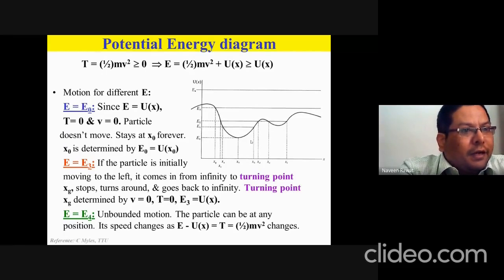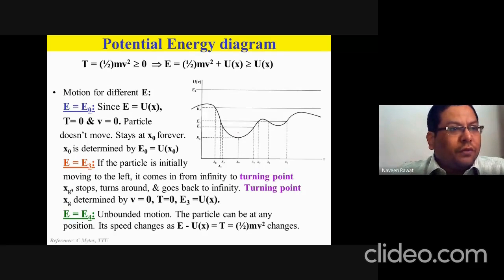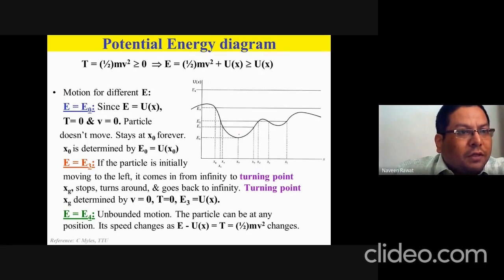Let's take another condition. The condition is when you are talking about energy of the particle being E0. Very special here, because if a particle is sitting in this situation, just by intuition you can understand that there is gravity acting on this particle in this direction, and at the same time there is normal force acting in the opposite direction, right?